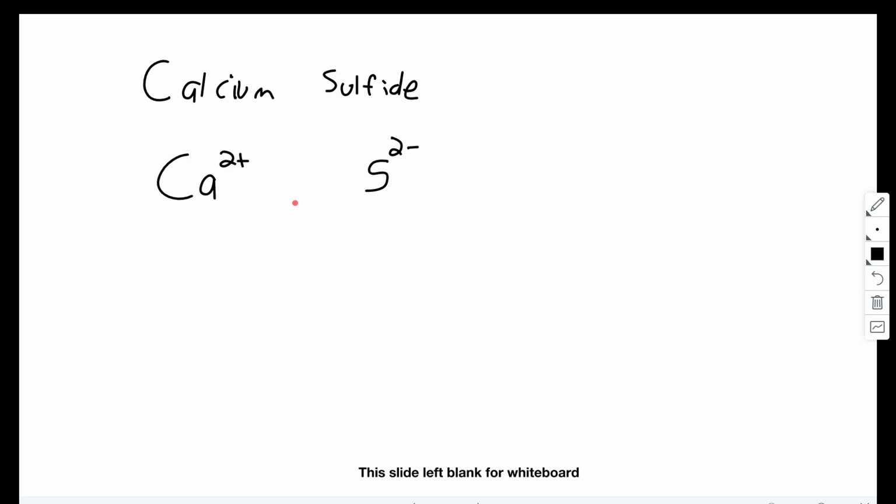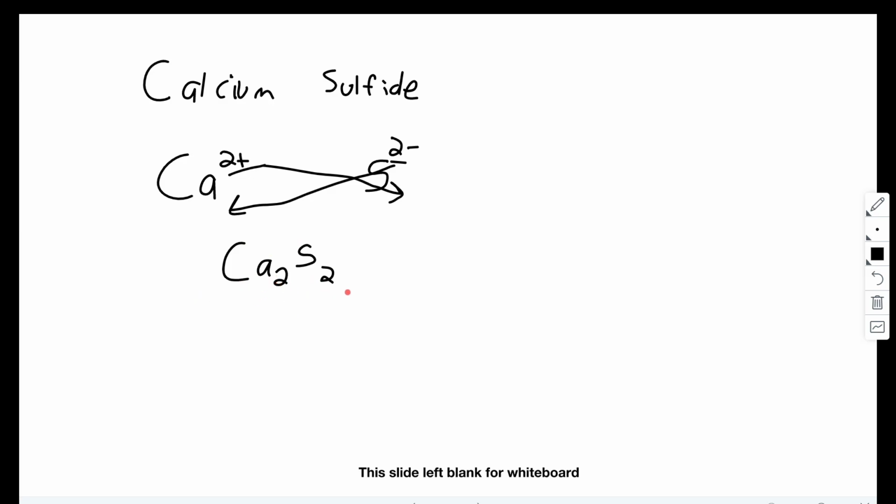And we'll go ahead and do the same process. We're going to take this one and move it over here. This one will move over here. Look at Ca2S2. But notice that this is not in lowest terms, okay?